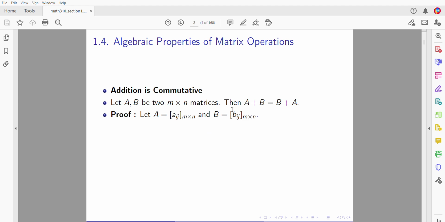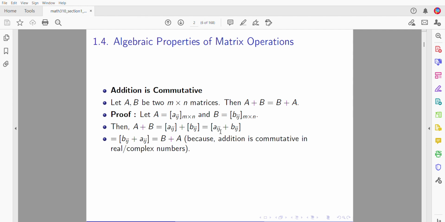Here is a proof. Let A be the matrix Aij, m by n, and B be the matrix Bij, m by n. Then A plus B is matrix Aij plus matrix Bij, which is matrix Aij plus Bij. That is, individual terms have been added.